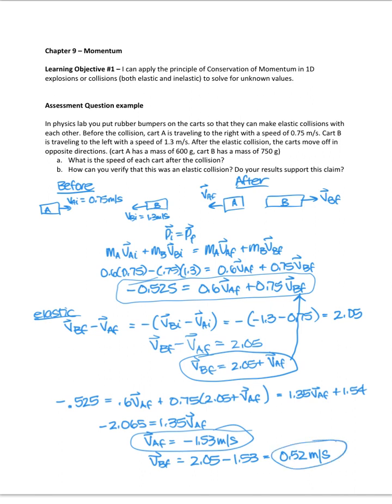Now, the second question asks, how can I figure out if this was actually an elastic collision, and do your results support this claim? The way that I do this is to see if the initial kinetic energy is equal to the final kinetic energy, because in an elastic collision, kinetic energy is conserved. So I've run out of room here, so I'm going to have to go onto another page in order to do the calculations.